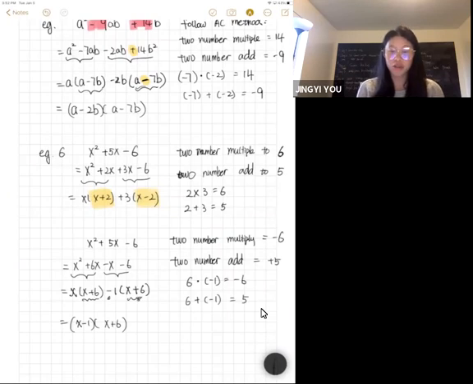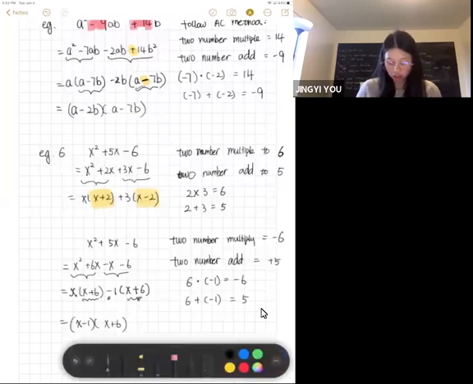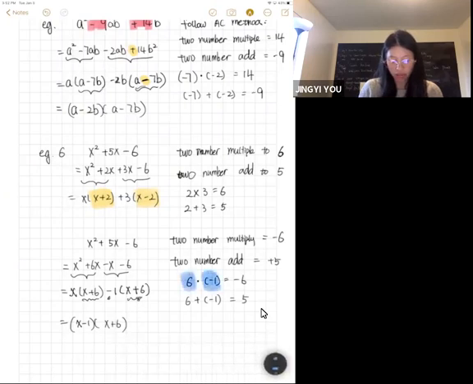So probably you may notice these shortcuts. Once we identify the two numbers that we need, the two numbers will be in our factors. Let me use the blue one. We identify 6 and negative 1. Look at our answer. It's equal to x minus 1 and x plus 6.